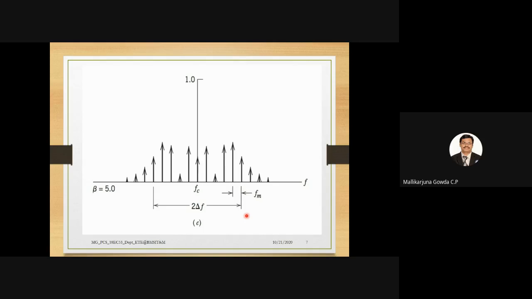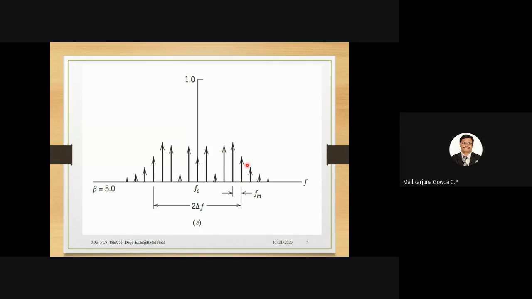How many side frequencies are considered when beta is 5? 5 pairs, sir. 5 pairs means it is 10, right? 1, 2, 3, 4, 5, 6, 7, 8, 9, 10. It is 11 with the carrier. If you neglect this carrier, then it is 5 pairs. As you said, it is correct.